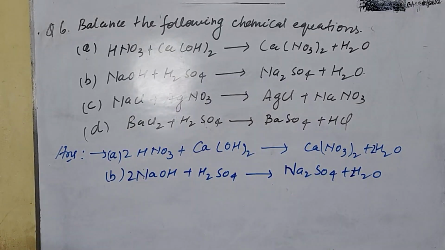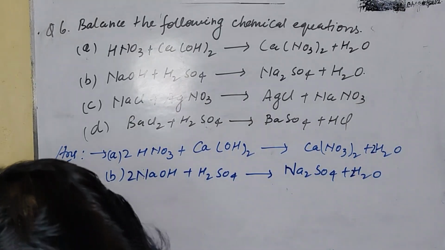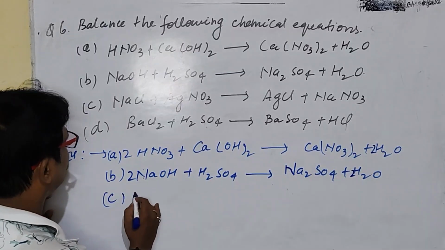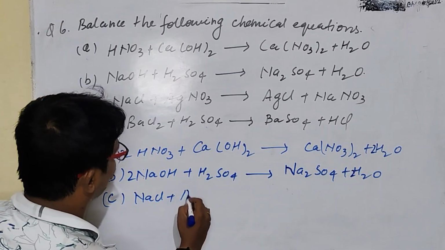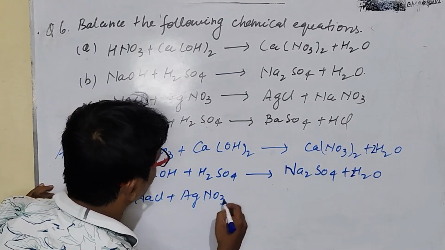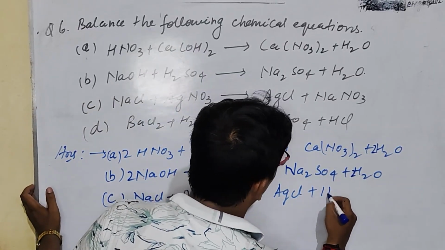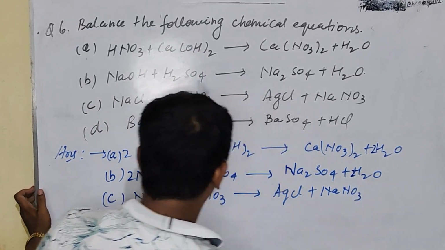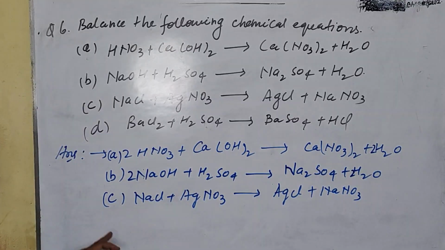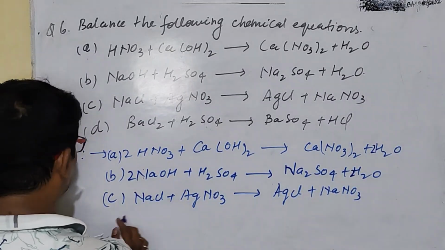Is it clear? After that, NaCl plus AgNO3 gives AgCl plus NaNO3. So this is already balanced. You have nothing to do.